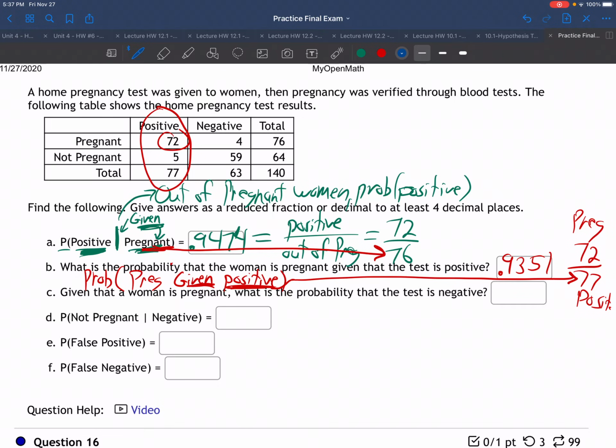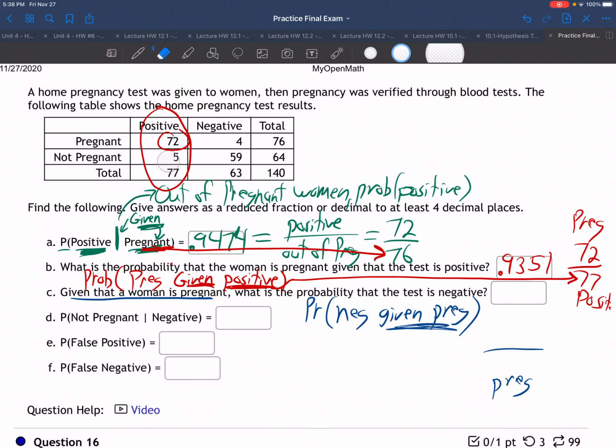Now the next one. Given that the woman is pregnant, what's the probability the test is negative? So the probability of negative given pregnant. We're given the woman's pregnant, so that again is the denominator. You come up to the chart and you say, now we're only talking about these women right here, the pregnant women.